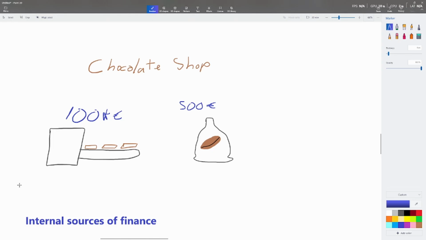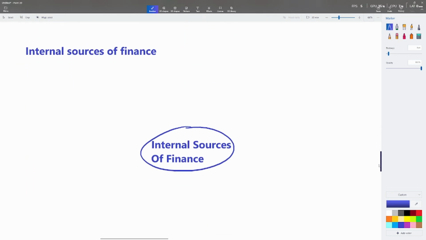Well, obviously this one is the capital expenditure, and this one is the revenue expenditure. You can really distinguish them from how many times you need to buy them. Your chocolate machine, you only buy once. That's it. However, your cocoa beans, you have to buy every month, or however many times you need them.